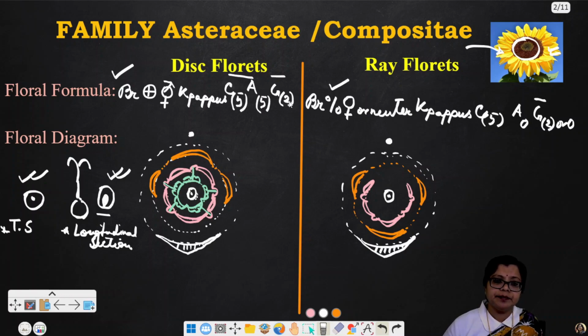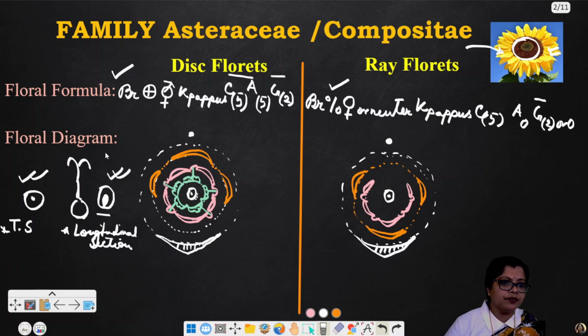Then the gynoecium, that is 2 united, that is syncarpous, so within bracket inferior, so we have to draw the line above the G. But in case of ray florets, androecium not present and gynoecium if present 2, then syncarpous inferior, so above that we have drawn the line, and or else 0. In some books you may find for the ray florets 2 formulae separating pistillate and the neuter and written accordingly.